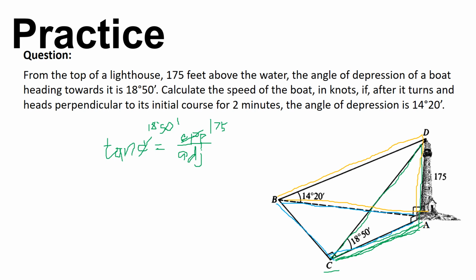So how to solve for adjacent? First, you transpose adjacent to the numerator of the term in the opposite side of the equality, and you transpose tangent 18 degrees 50 minutes in the denominator of the term opposite to the equality.